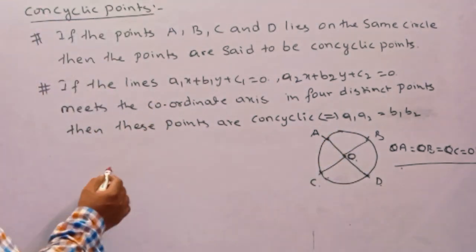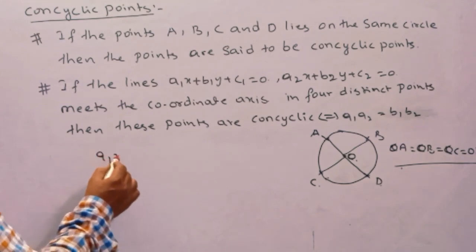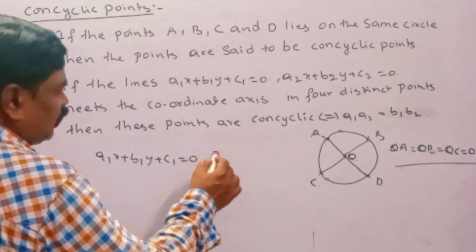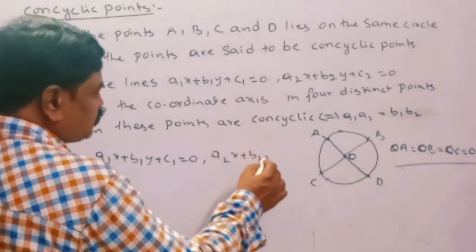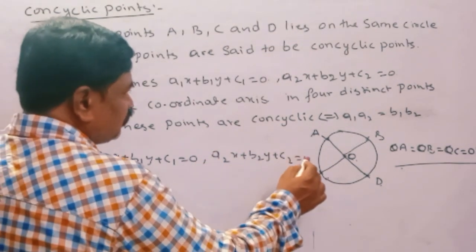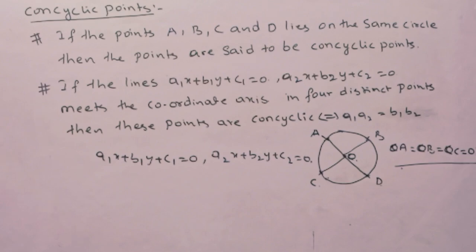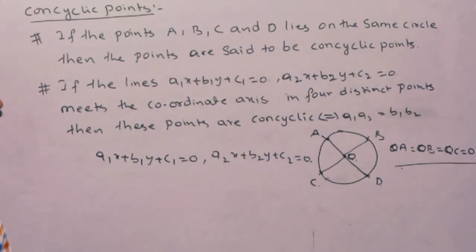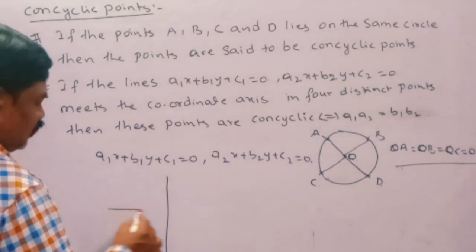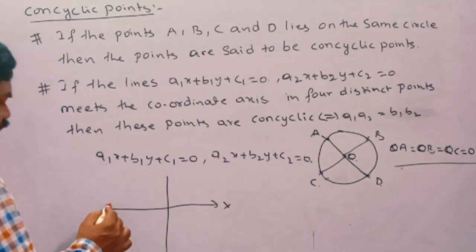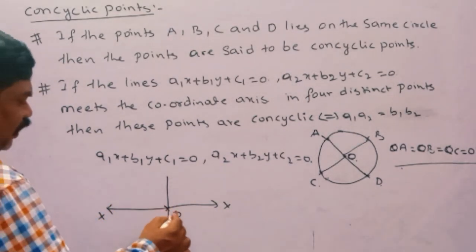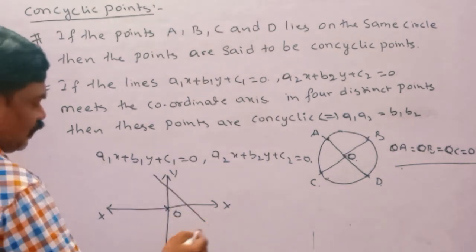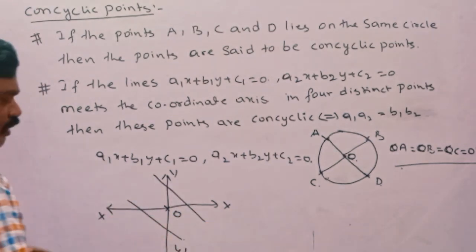And here you see a1x plus b1y plus c1 equal to 0 and a2x plus b2y plus c2 equal to 0 meet the coordinate axes in 4 distinct points. Here we have the x-axis, x'ox, and y'oy. This is one line and this is the other line.